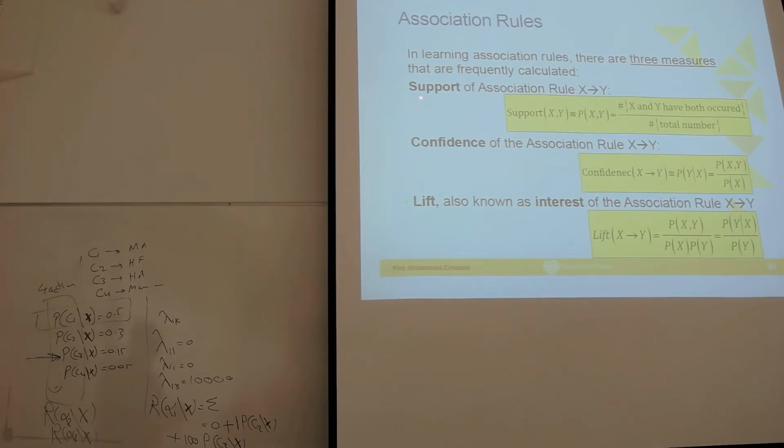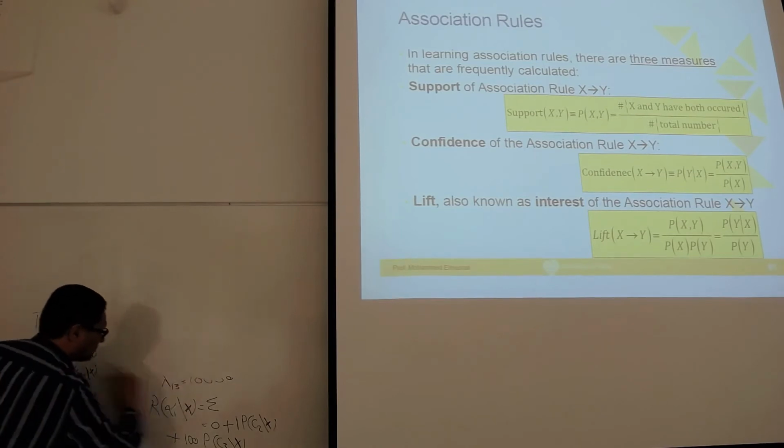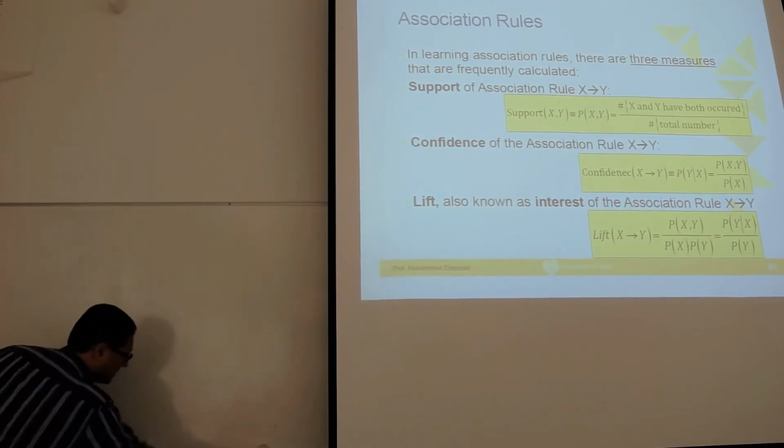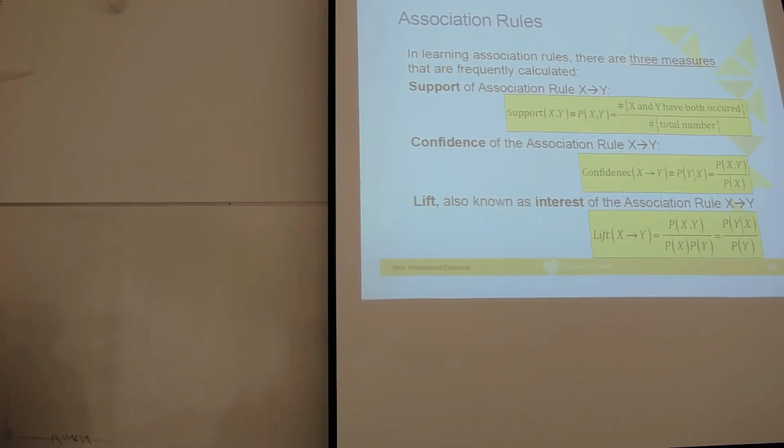The first rule is called support of association, and the support of association is nothing but the probability that event X and event Y happen together. Okay, to explain how this works, I will make a simple example so we can explain over that example.